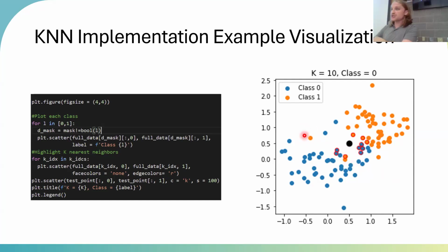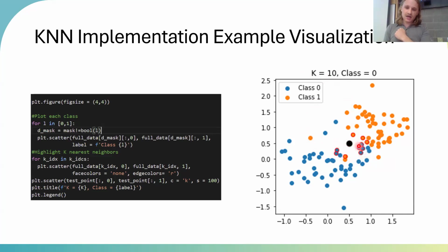Now, in some cases you might have boundaries like that between classes, but let's say we assume these are, for the most part, well separable. Then you'd probably want a simpler border. If we increase K to 10 neighbors, I've highlighted in red the 10 points closest to this black point.